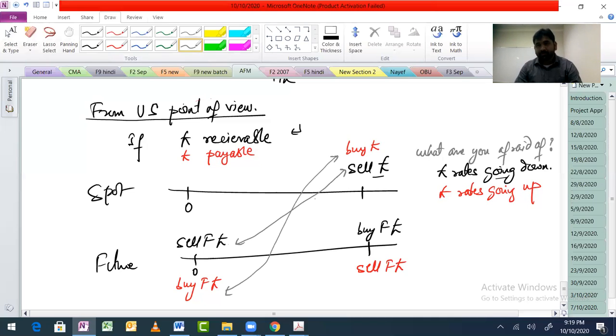Another way of thinking is if you want to buy pounds, how will you buy pounds? Connect this with this, buy and sell. But I think the first one was better, so I will remove this here. I'm just saying another thing you could keep in your head to remember, which was simple maths.